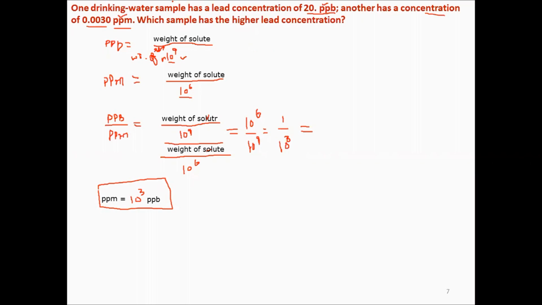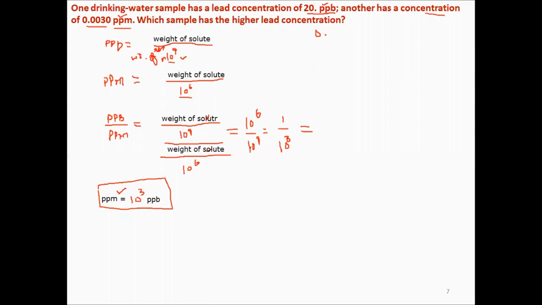The numerical was: one drinking sample has a lead concentration of 20 ppb, another has a concentration of 0.0030 ppm. Which sample has the higher lead concentration? What we will do, we will convert this ppm to ppb by applying this formula.